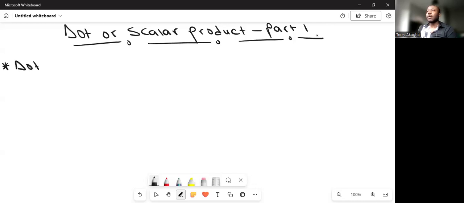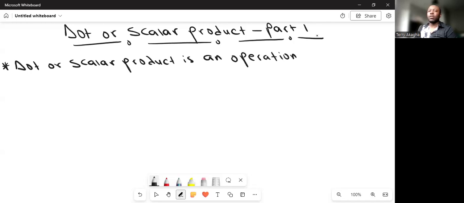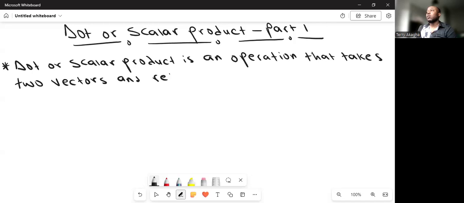So when we say dot or scalar product, what I'm referring to is an operation that takes two vectors, and after which it returns a scalar quantity.